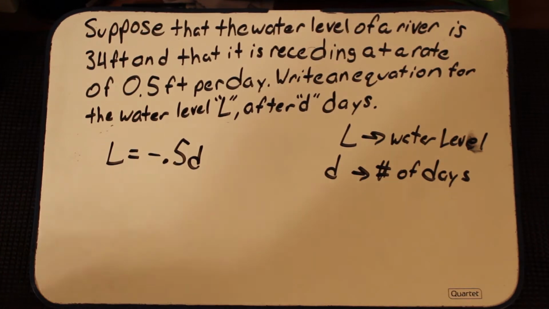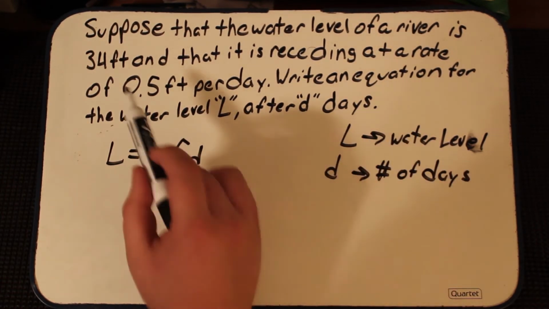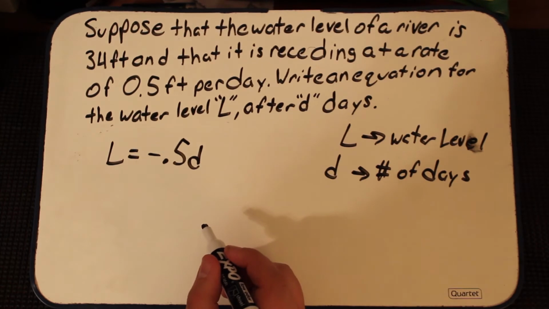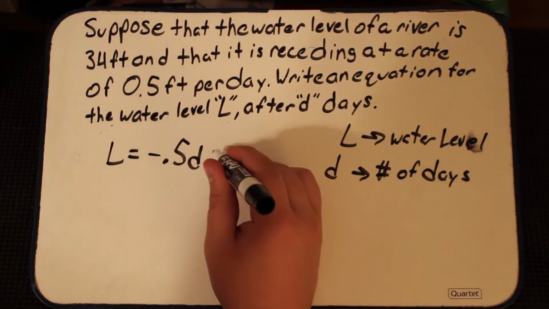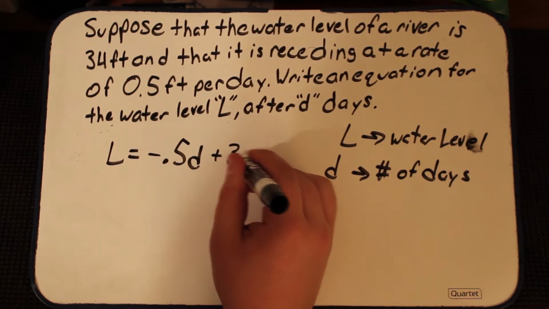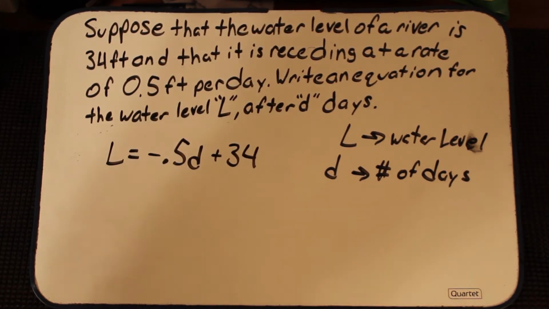Lastly, we want to look at what was our initial level. What did we start with? Well, the river started at 34 feet. So I'm going to tack on, since it's a positive 34, plus 34. Now, this is one way of writing it. There is another way that makes more sense.